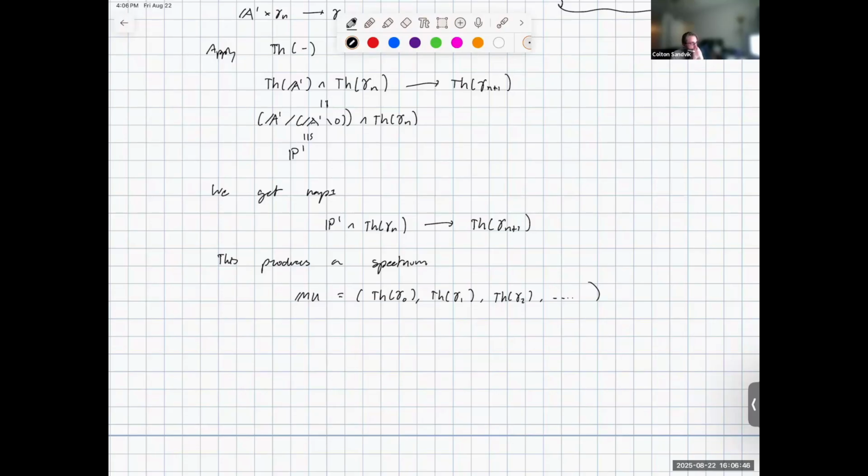Oh, sorry, my notation's bad here. I want this to be MGL because we are working algebraically. And so, using the same model as before, this defines a generalized cohomology theory that we're calling algebraic cobordism.